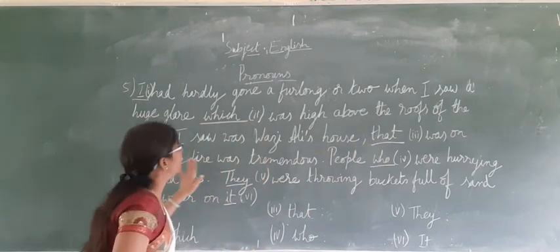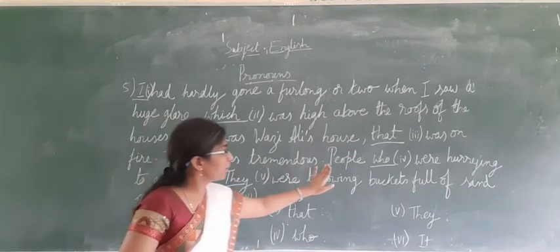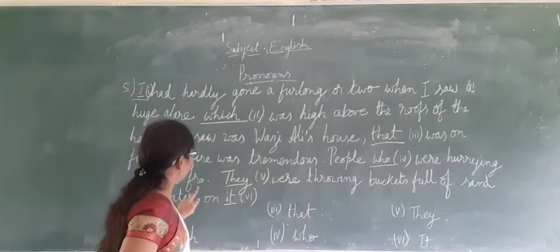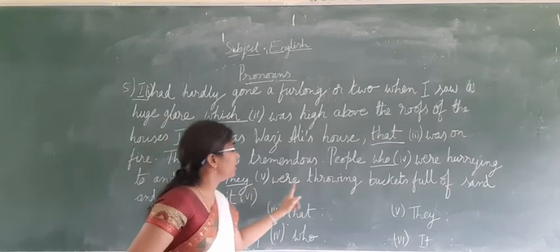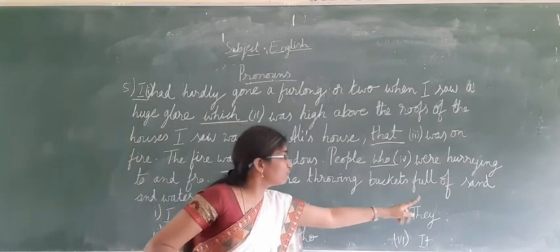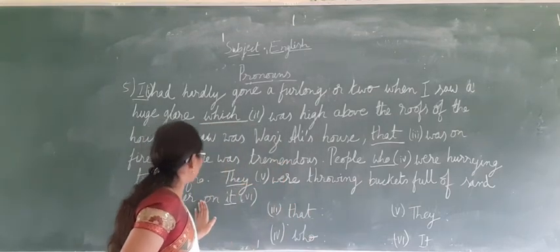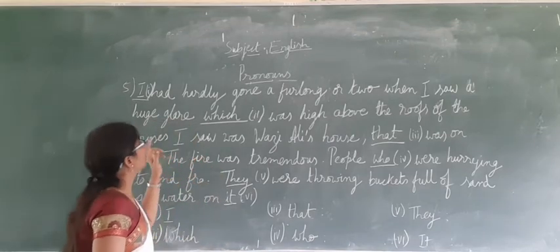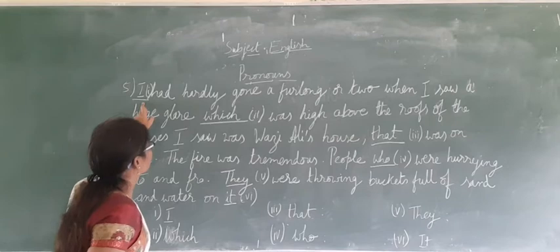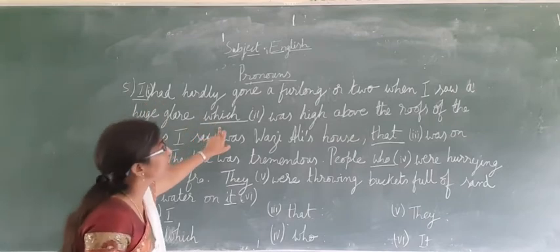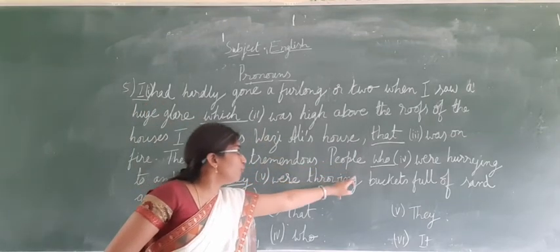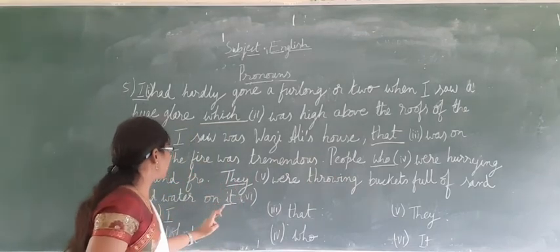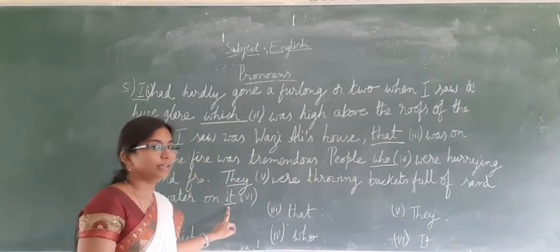The fire was tremendous. The underlined pronouns here: first is I, then which, third is that, fourth is who, fifth they, and the sixth underlined pronoun is it.